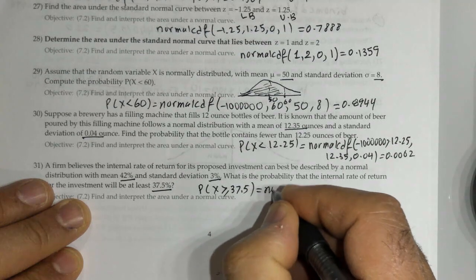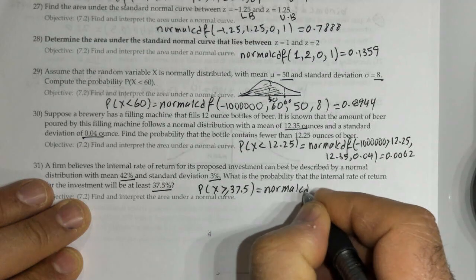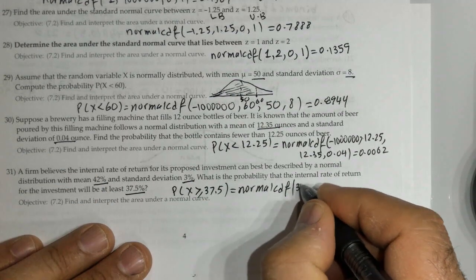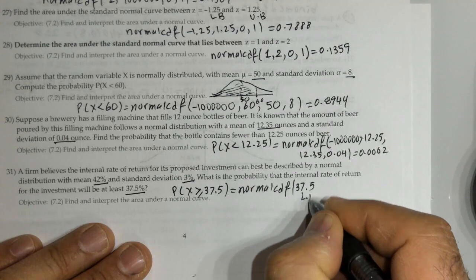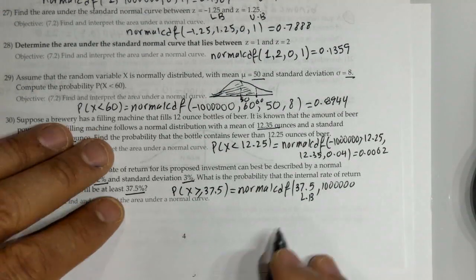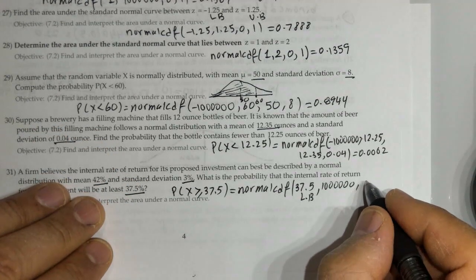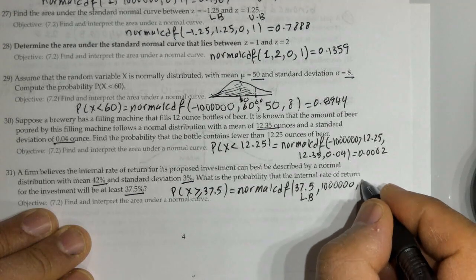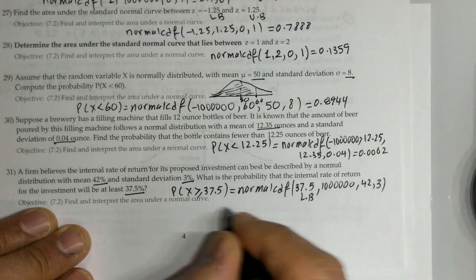Well, this is normal CDF. You want 37.5 and up. So your lower bound is going to be the 37.5. Your upper bound is whatever, million. Your mean is 42. And your standard deviation is 3.